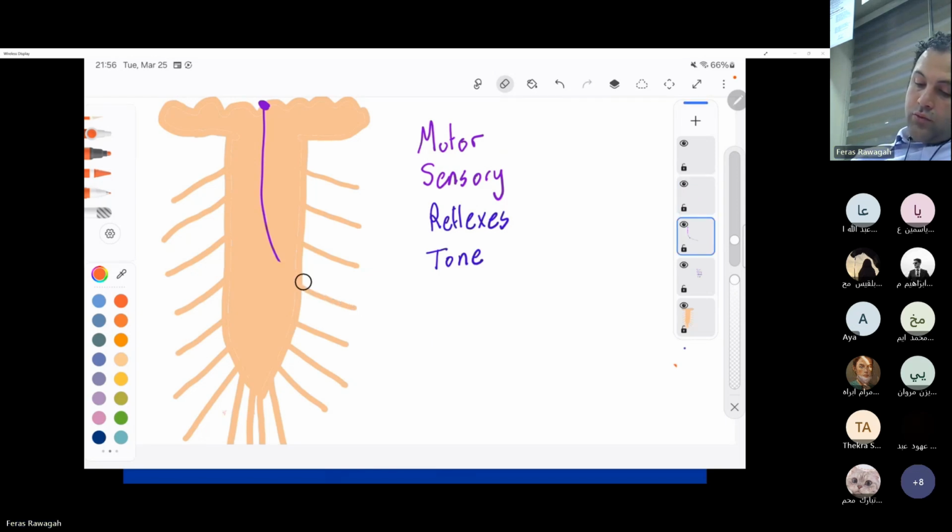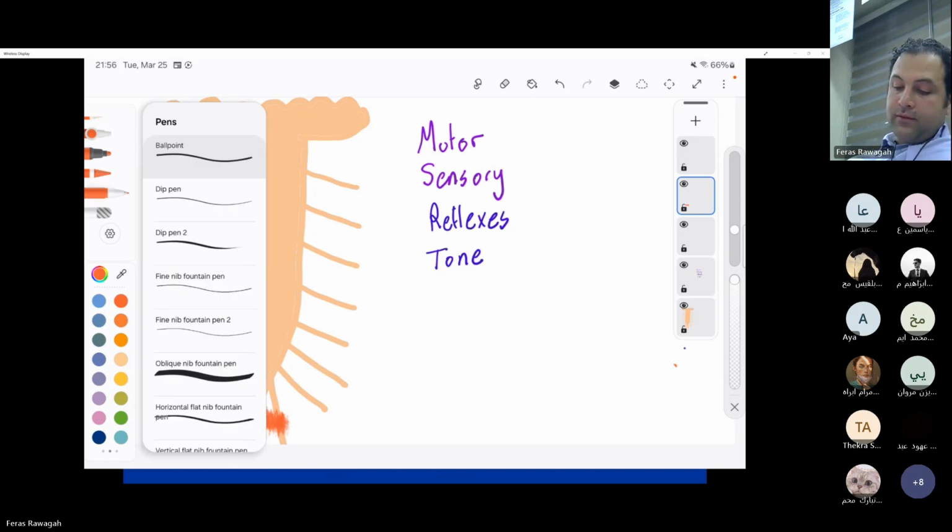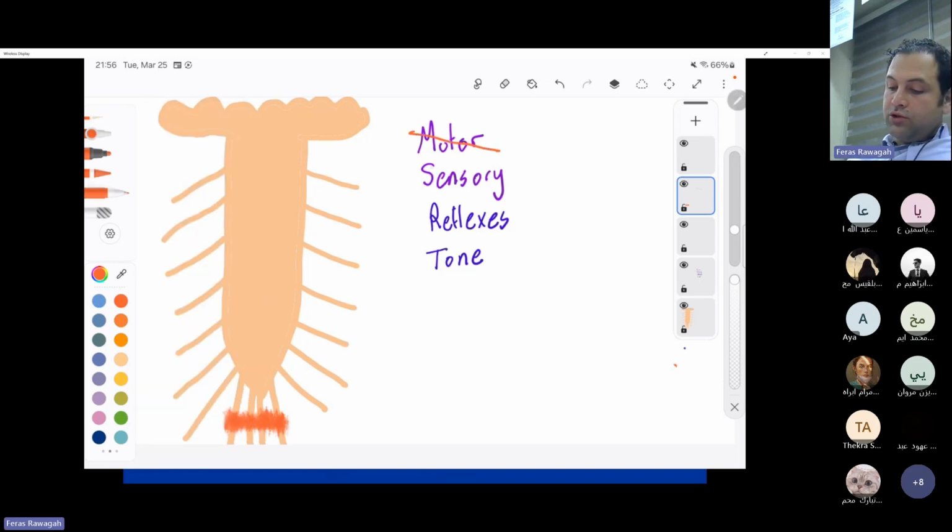Now, what if this part is injured? This is called the cauda equina. What is the cauda equina composed of? Cauda equina is composed of nerve roots. So if this part is affected, all those functions will be lost.